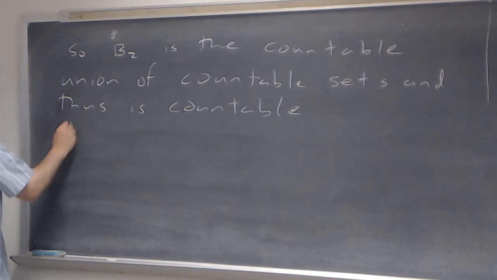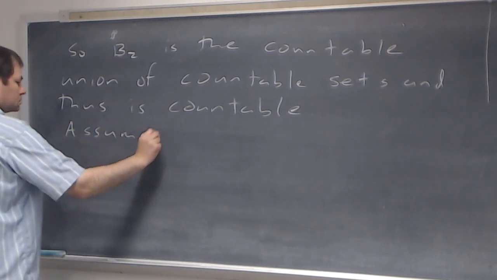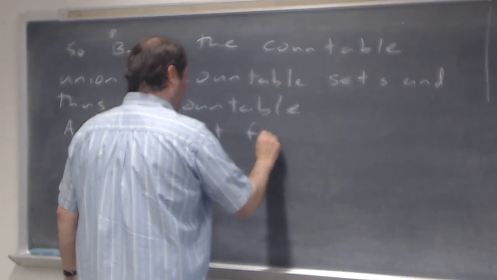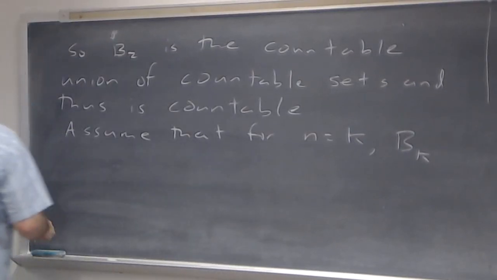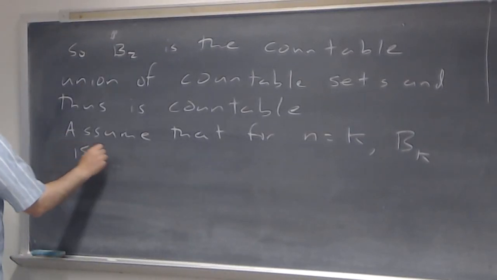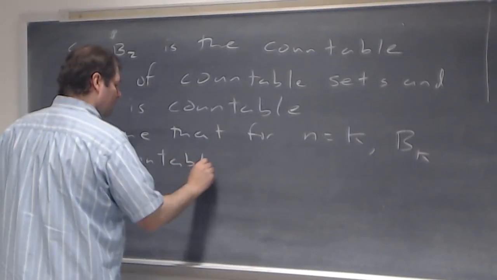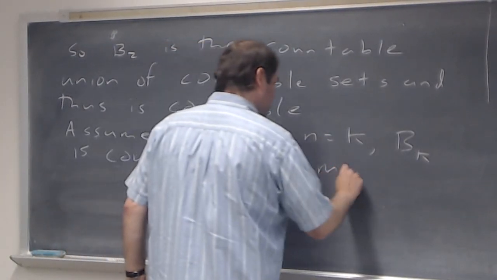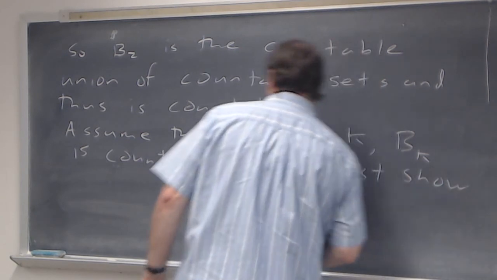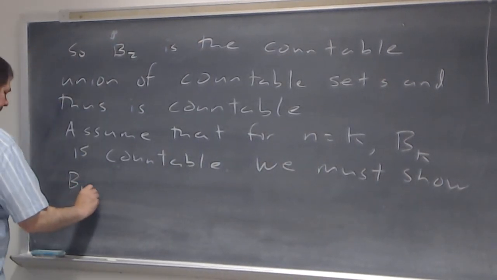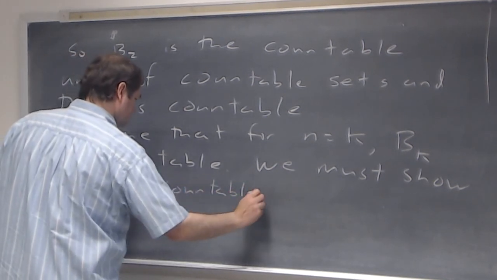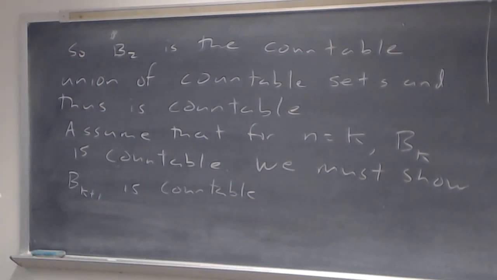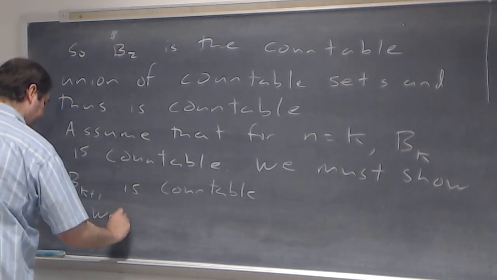Now, in our induction proof, we're going to assume that for n equal to k, B sub k is countable. And what we must do is show that B sub k plus 1 is countable. Okay, so we're going to look at B sub k plus 1 in the same way that we looked at B sub 2.